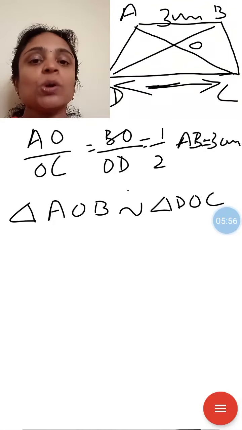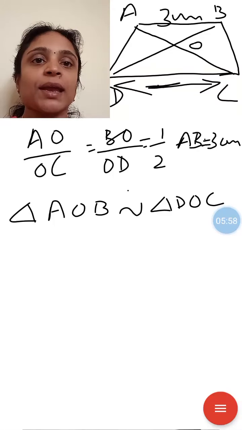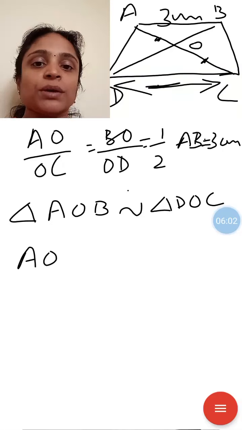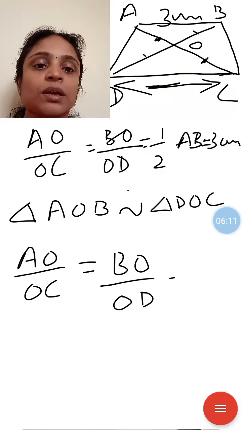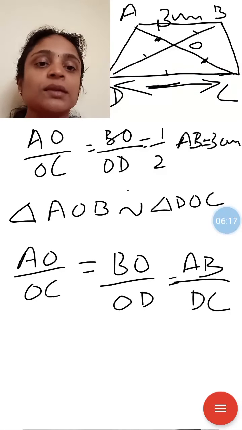So, here AO by OC equal to BO by OD equal to AB by DC, because these are the corresponding sides.